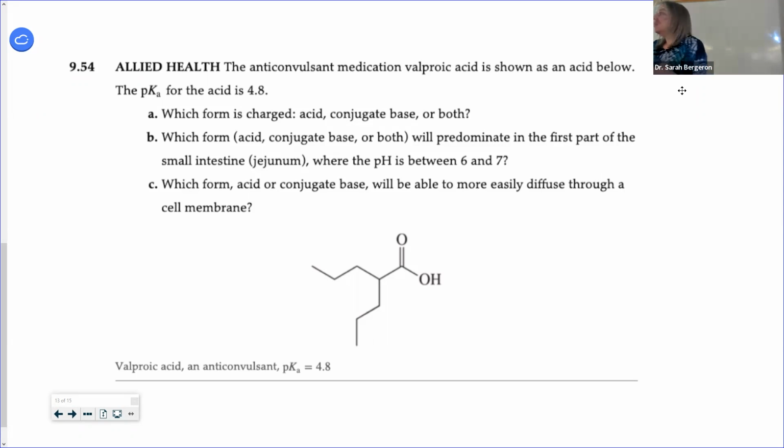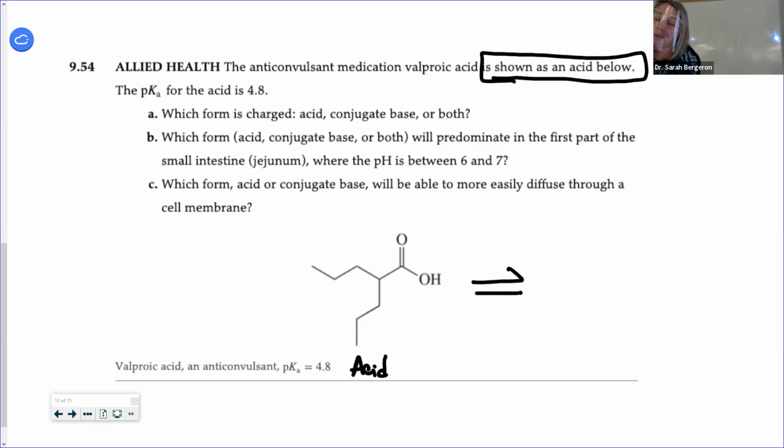Acid, conjugate base, or both? Stop before you answer. Okay, look at the molecule. Which form is the molecule? What am I looking at? Acid or conjugate base? Shown as an acid below. So this is an acid.